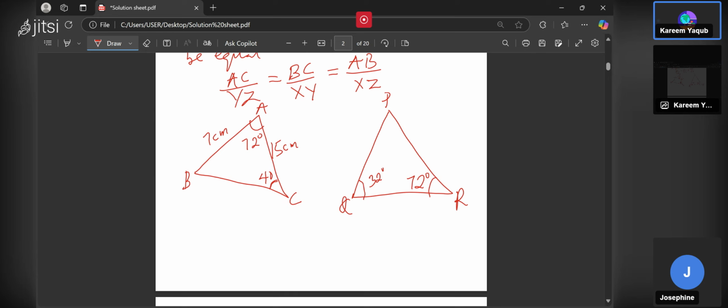This one is X, and this is 12. Now the question asks you to find the value of X and the value of Y.